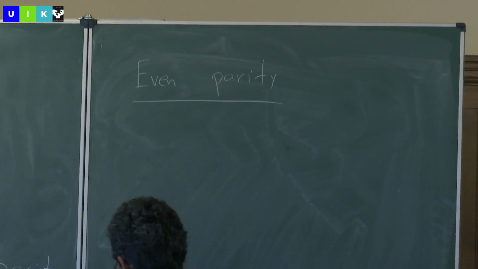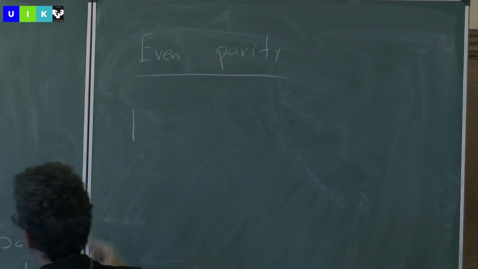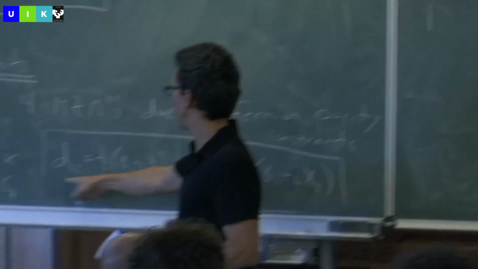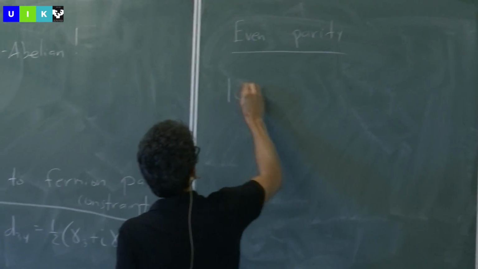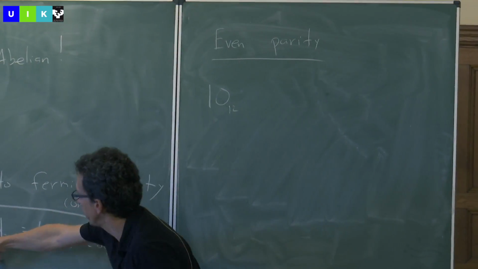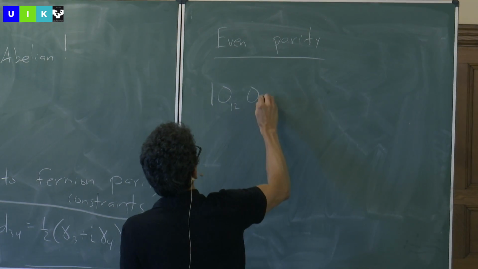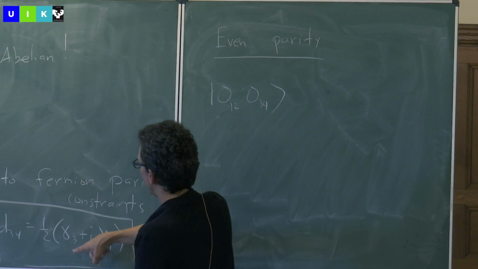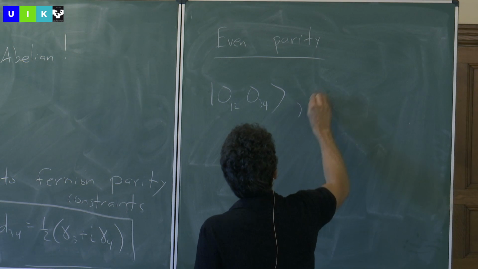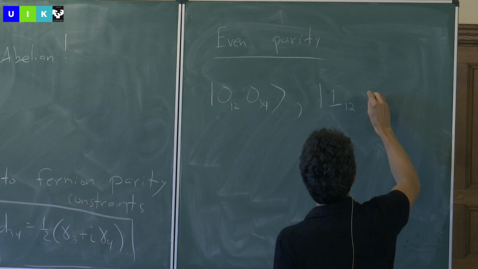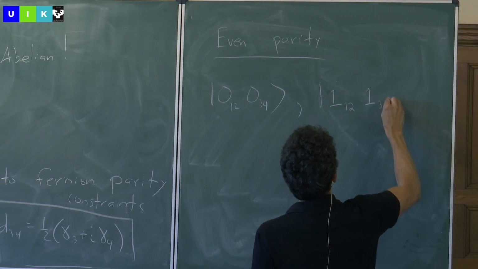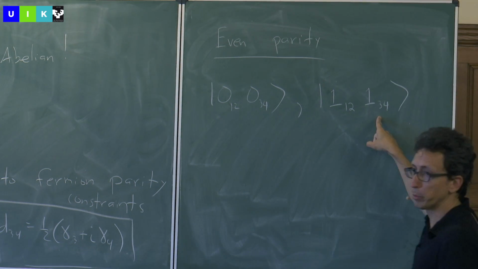Okay, so in the even parity sector, we can have a state where the occupation number for both of those is 0. So let me label those occupation numbers 0, n12 for that fermion, and 0, n34 for this fermion. We similarly have a second even parity state where both of those occupation numbers have been flipped to 1.